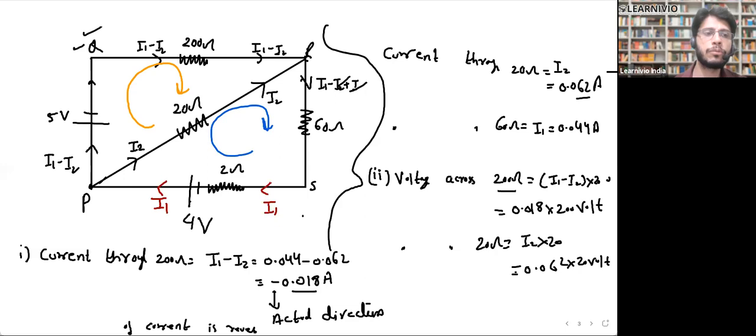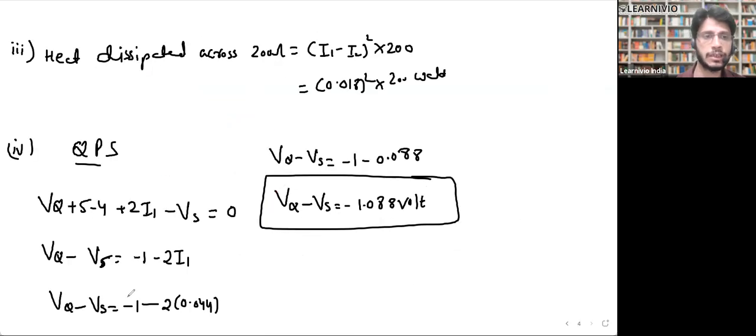Then I travel from Q to P. When I travel from Q to P, I'm adding all voltages according to the usual sign convention, Abdullah. But when I reach this point S, since I'm supposed to calculate the potential difference between Q and S, that's why I'm taking the potential of Q as VQ and that of S as minus VS. Yes, Abdullah. Yes, sir, got it.